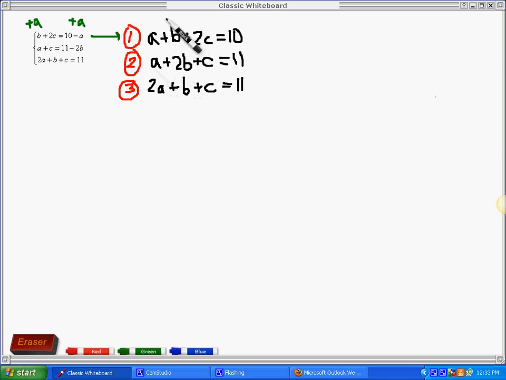So I'm going to choose to eliminate the variable a, which means I need an a and a negative a. So if I take the top equation and multiply it by negative 1, I get a negative a on that top equation. So it becomes negative a minus b minus 2c equals negative 10.